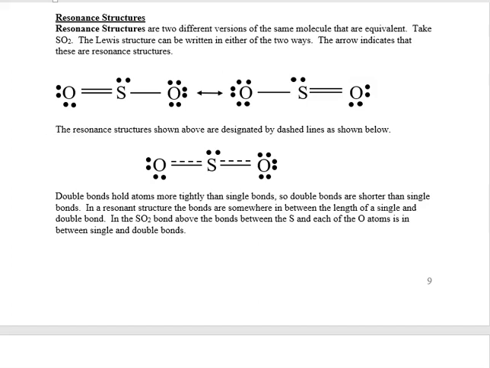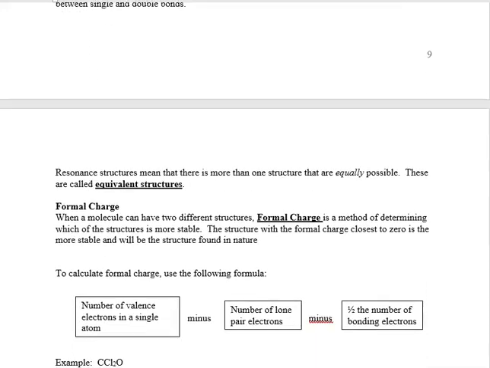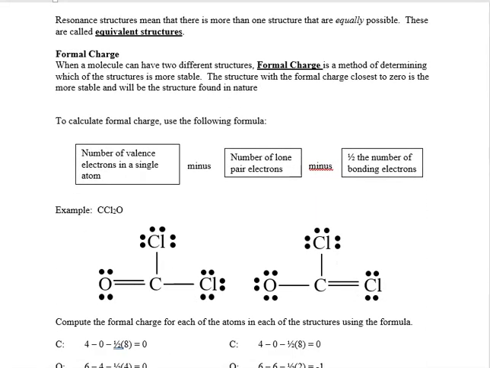In the SO2 molecule above, the bonds between sulfur and each of the oxygen atoms are in between single and double bonds. As I say, like a 1.5 bond. Resonance structures mean that there is more than one structure that is equally possible. These are called equivalent structures.